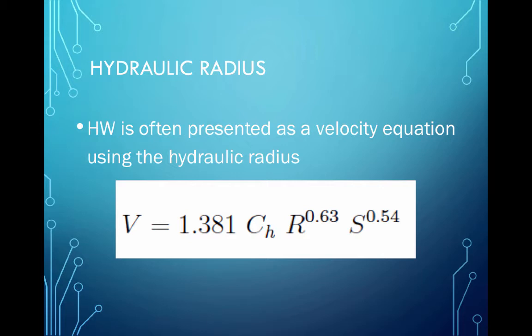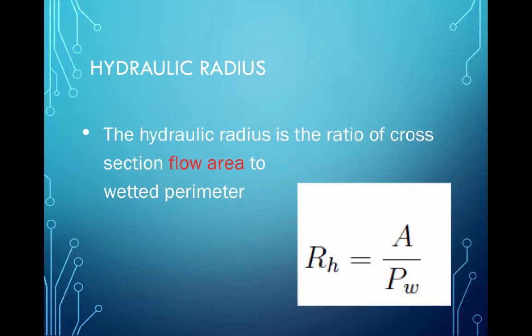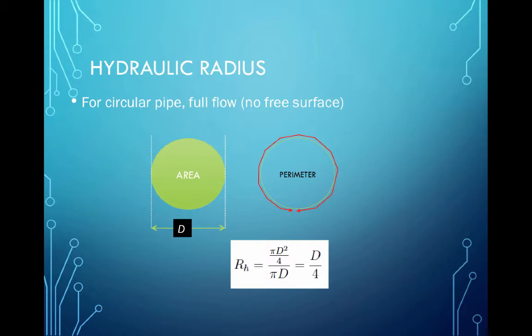Okay, the Hazen-Williams is also presented as a velocity equation, and it usually uses the hydraulic radius rather than the explicit pipe diameter. The hydraulic radius is defined as the ratio of cross-sectional flow area to wetted perimeter. In a circular pipe that's full, it turns out that the hydraulic radius is 1/4 of the pipe's diameter.